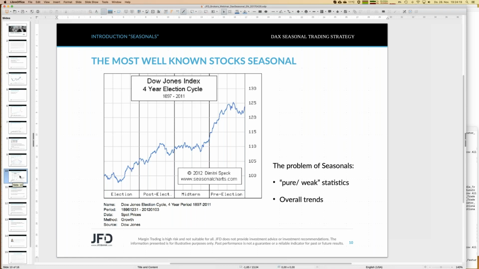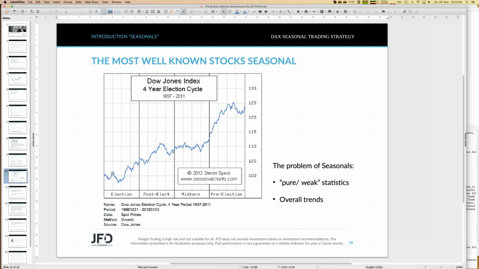In this case, we do not look for the average trend or the average behavior within the year. That's not what I want, or what the guy here, Dimitri Speck, has plotted. No, we look for the election cycle. In the United States, we have every 4th year an election. And this is the way how that plot is established or has been calculated.